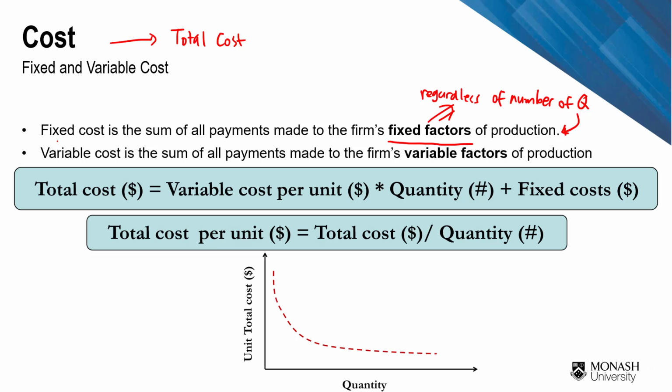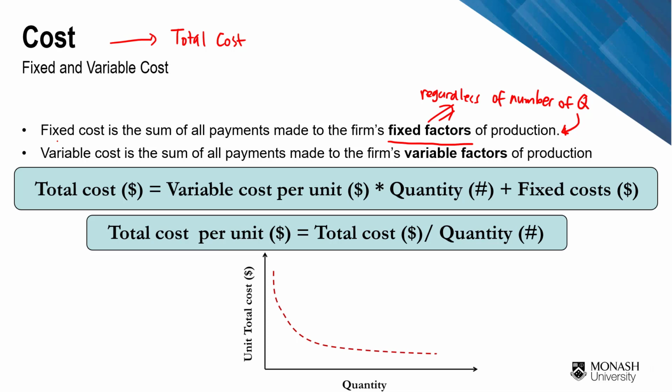Now, variable cost is the sum of all payments made to the firm's variable factors. In this case, the cost is going to vary by the number of quantities. If I sell more fries or more burgers, obviously I need to hire more staff making those burgers, frying or cooking the fries more often.